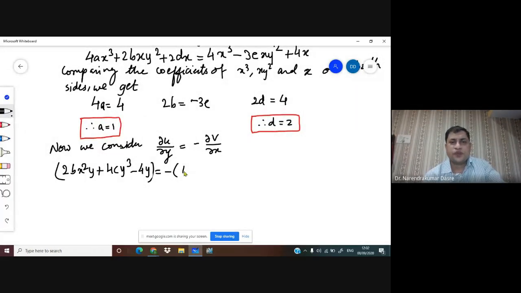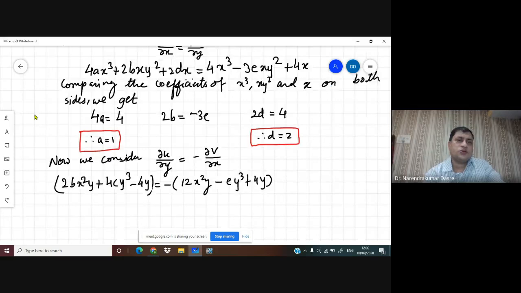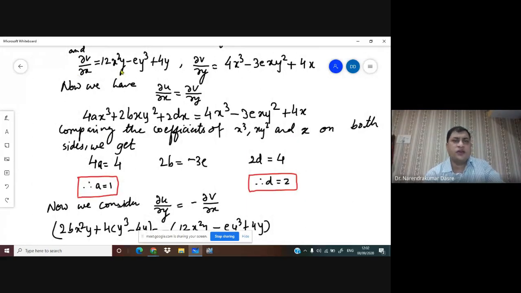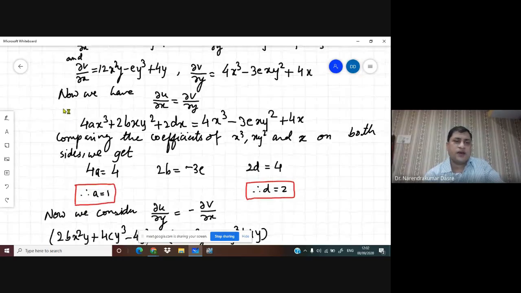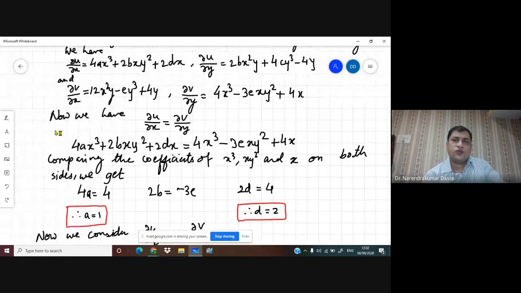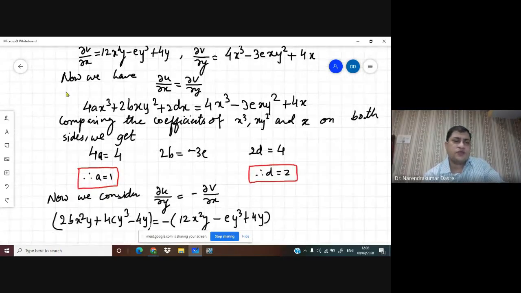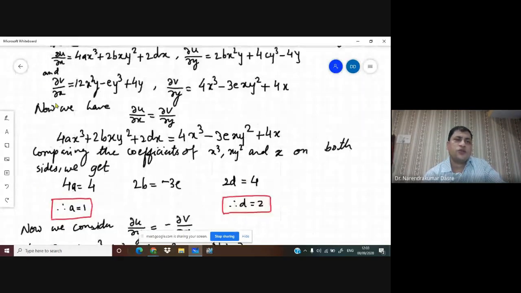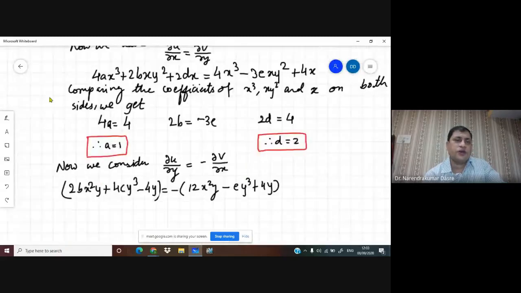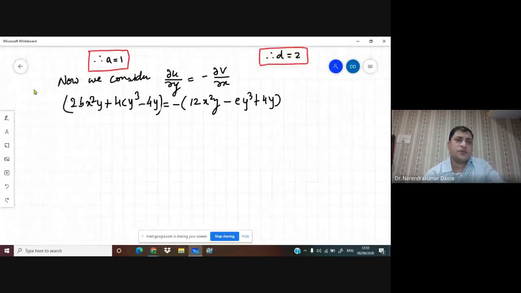So it is 12x square y minus ey cube plus 4y. Okay, so check the terms once again. So 12x square y minus ey cube plus 4y, and here we have 2bx square y plus 4cy minus 4y. Okay, so plus 4cy cube, and that's what we have.